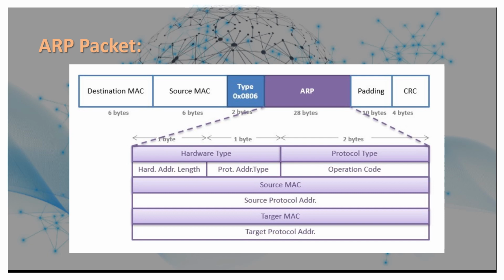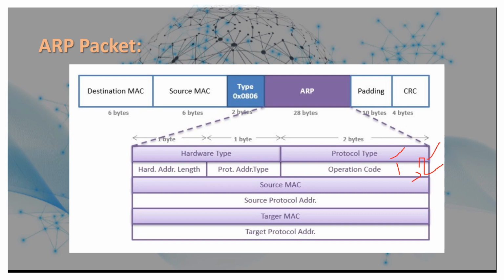Once it is broadcast, whoever has the destined IP address is going to reply back with the ARP reply. In the operation code, if it ends with 1, it means ARP request, and if it ends with 2, it means ARP reply. ARP request is always broadcast and the response is always unicast.